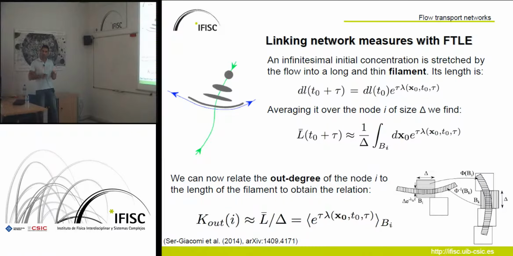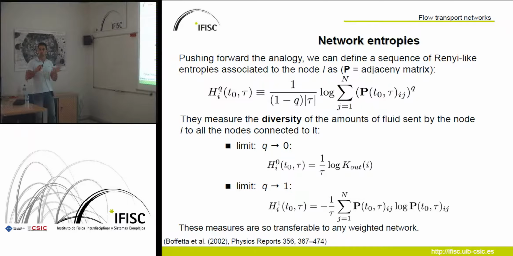We can also push this analogy forward, and define a family of Renyi-like entropies, this H, that measure the diversity of the amounts of fluid sent by the node i to all the other connected nodes.